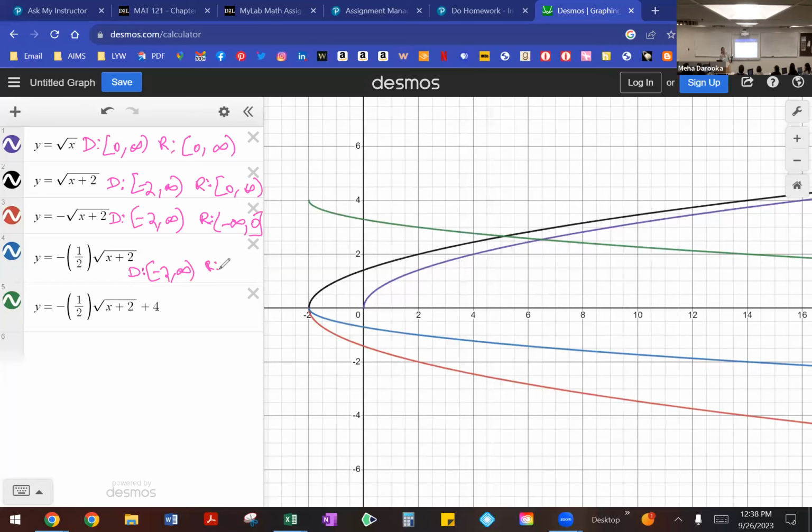Did the shrinking change our range? Yes, no, maybe, I don't know. No, because you're still coming from negative infinity here and you're still headed to 0. So negative infinity to 0, including 0.